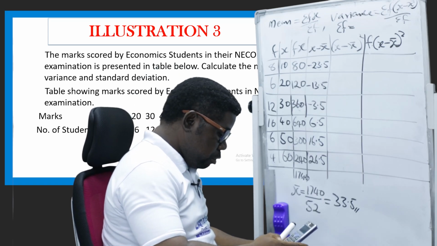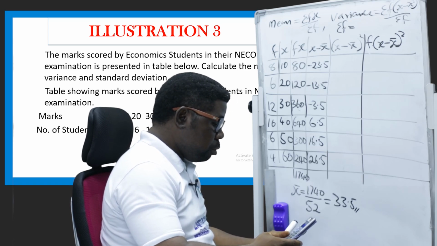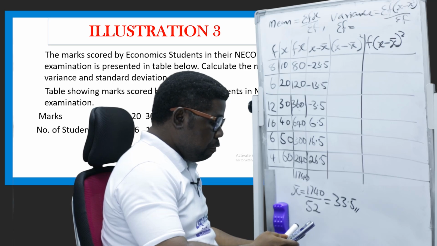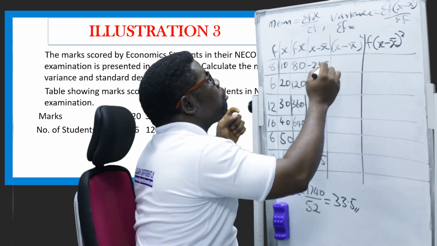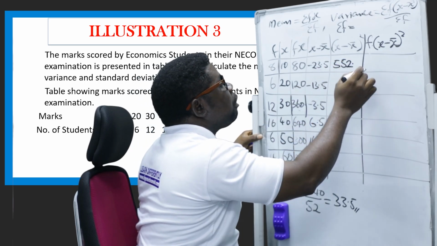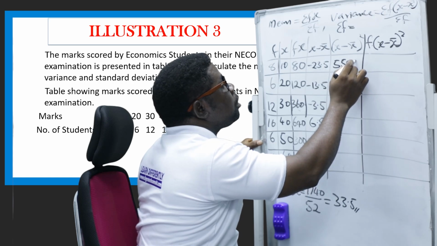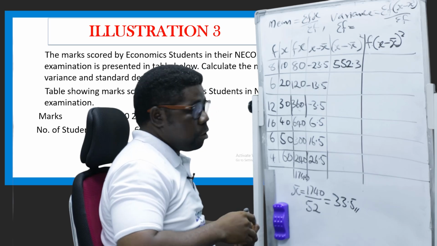What is it going to give us? 23.5 times 23.5 is equal to 552.25. We can't put 25, so we'll put 0.3. Bring it down to that so that we'll have space enough.